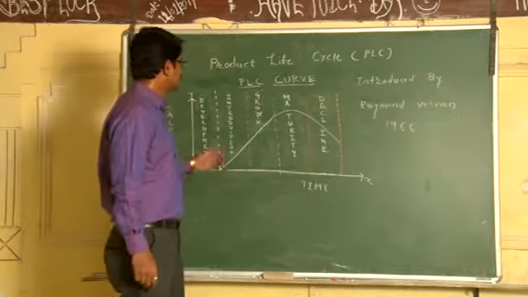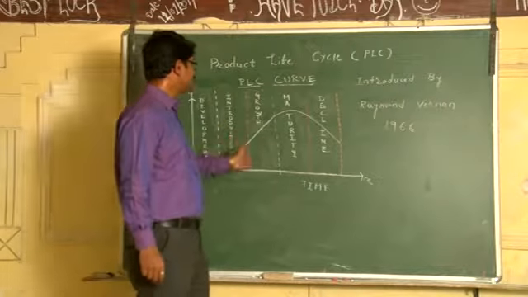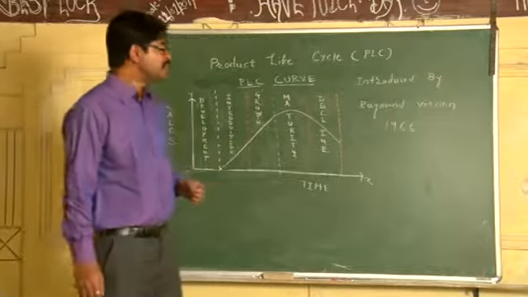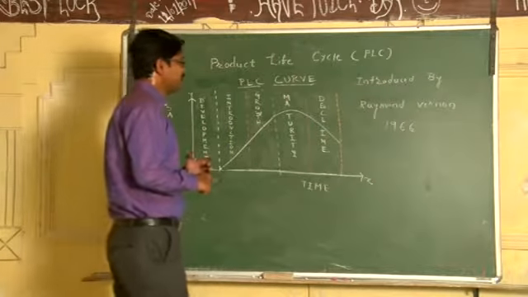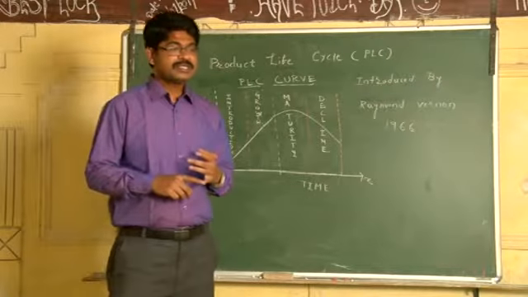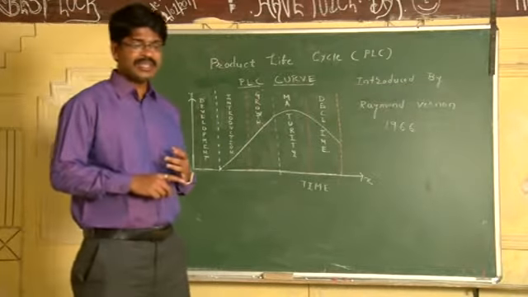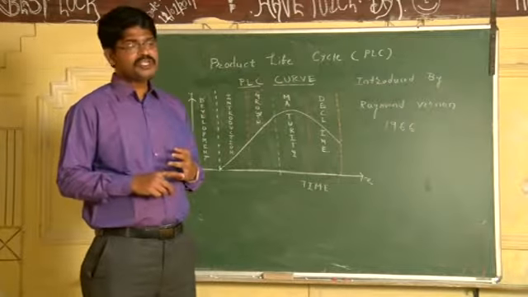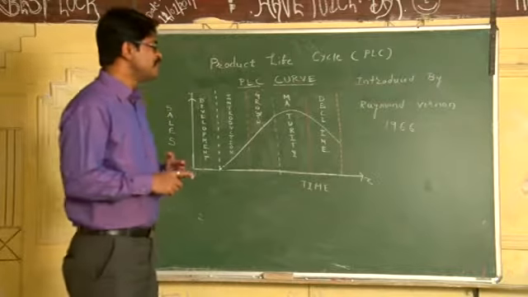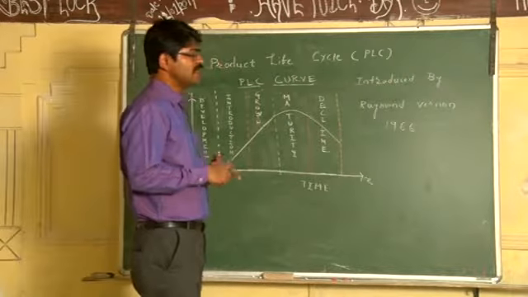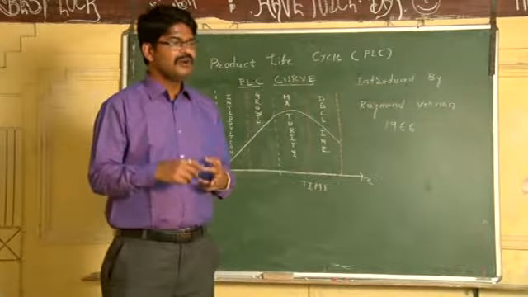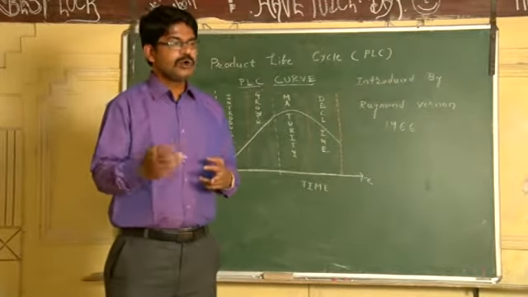The next stage after this growth is maturity. In this particular stage, what are the features? The product gains huge popularity and the sales increase like anything. The company's profits reach their peak. Here the advertisement and the promotion is also going on, but at a constant rate.